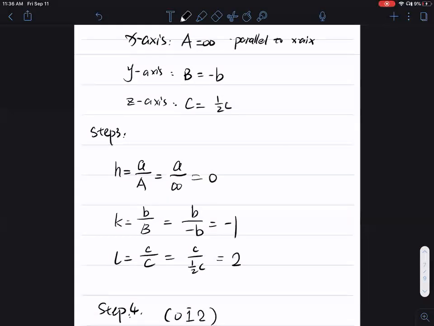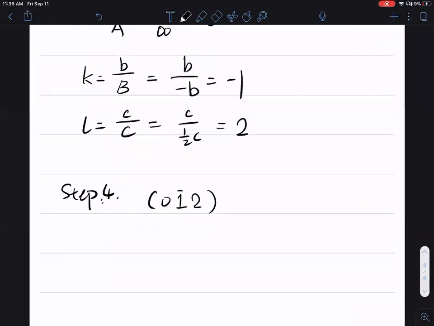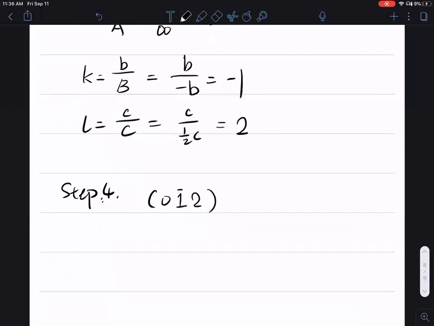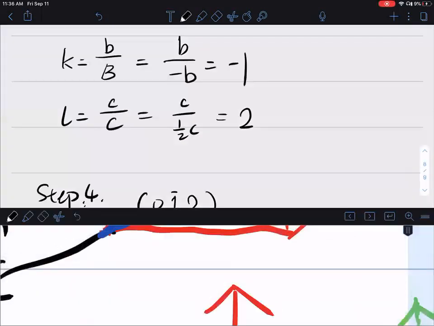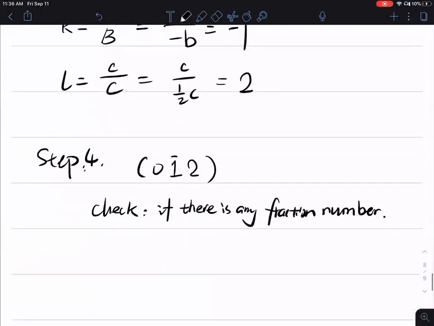So as step 4, I want you to check a few things. Check if there is any fraction number. What happens if you have a fraction number? In crystallographic plane indices, we don't have fraction numbers.